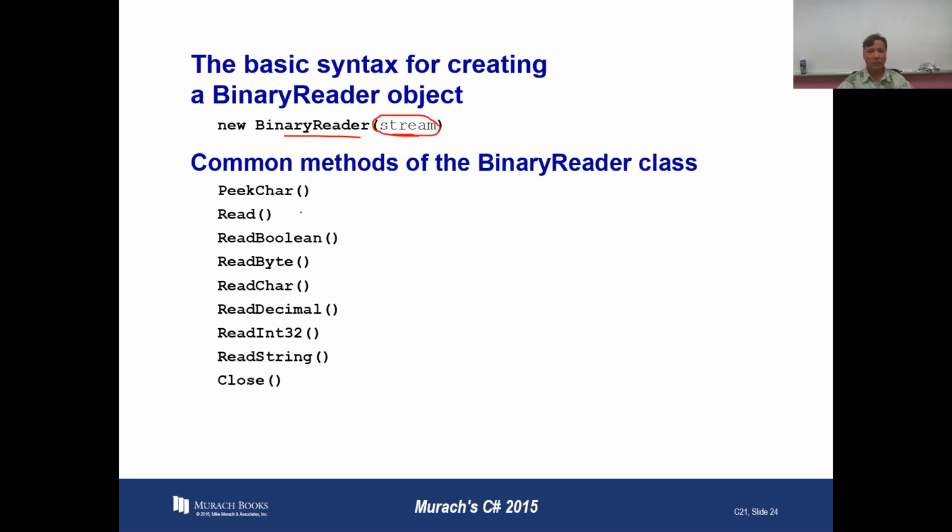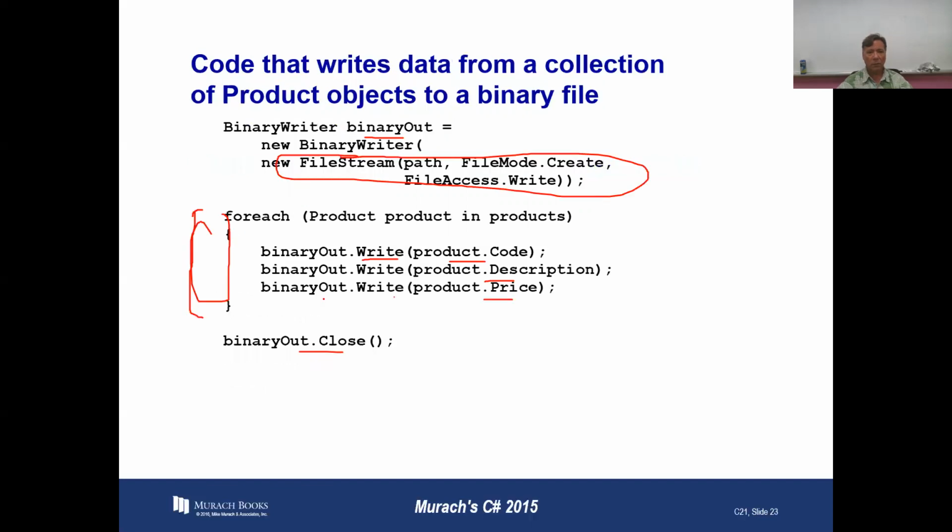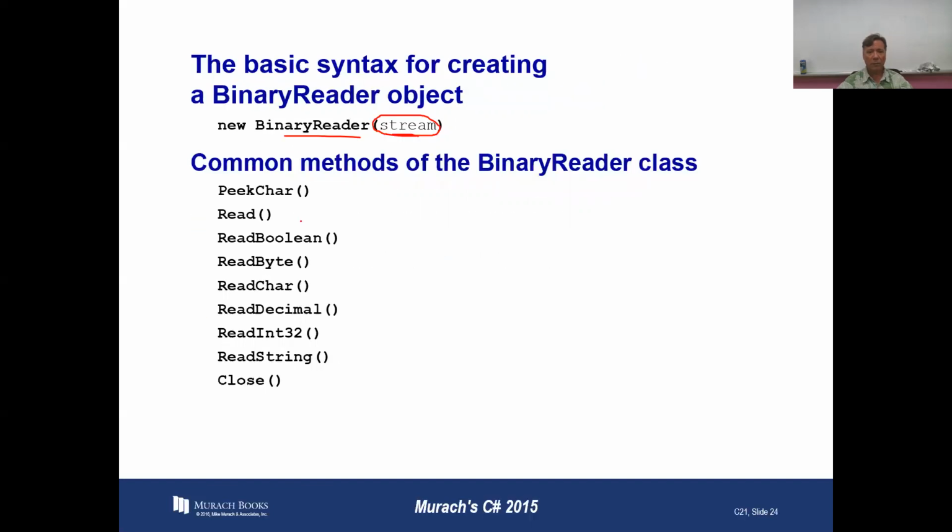And these are some common methods. Here we're writing out binary like this. Peek reads the next thing, then there's read Boolean, read byte, read character, read decimal.